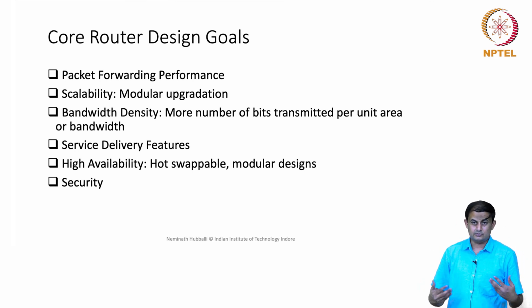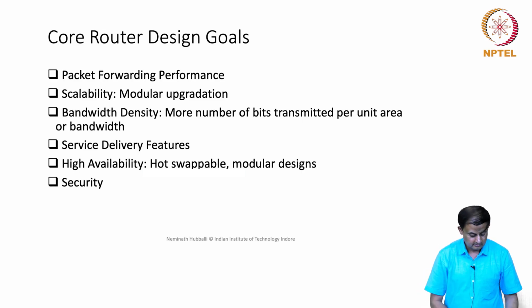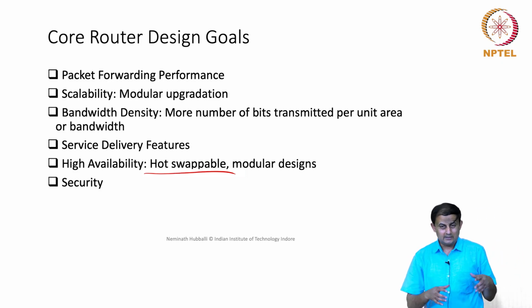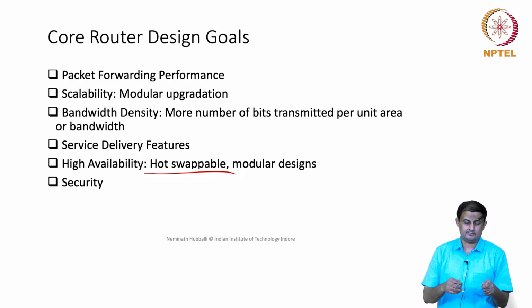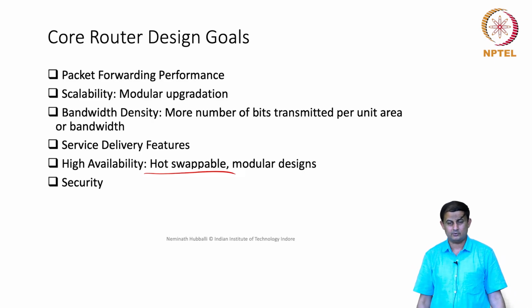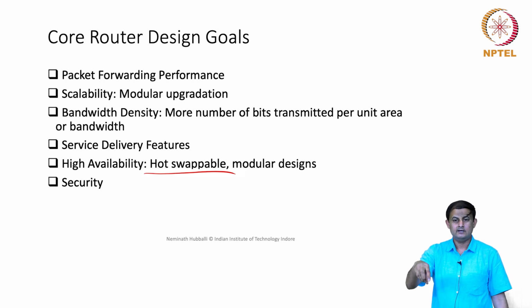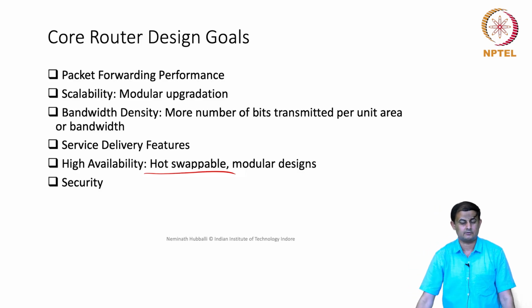And in order to do that, the typical routers that are available in the market have a capability called hot swappable. Hot swappable is something like this. I don't have to shut down the router to do an upgradation. Typically, let's say if I have a computer and I want to insert a new RAM slot on my motherboard, how do you do that? You shut down the computer, then you open it, and on a slot you fix that RAM, and then you start the system and it starts working.